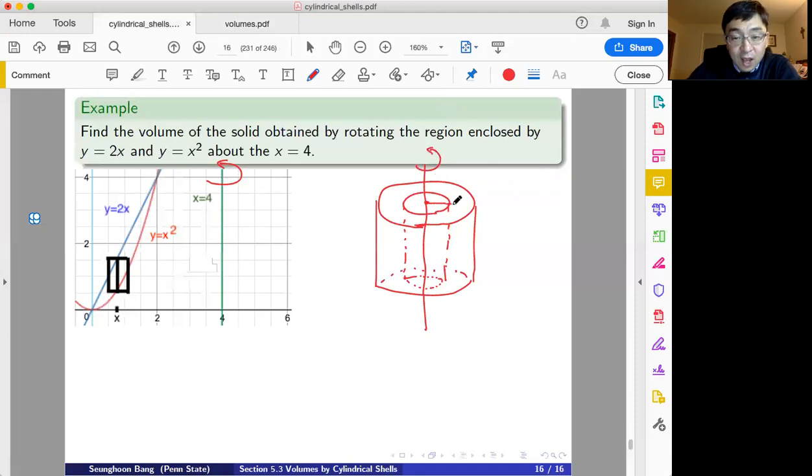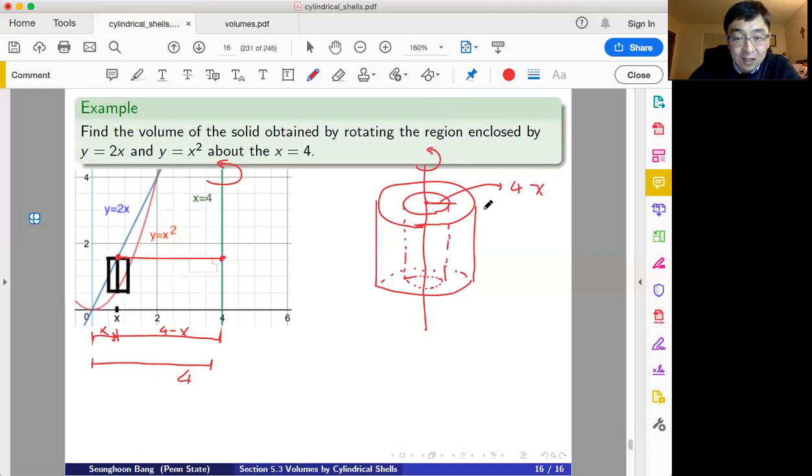You can find the average radius. What's the average radius? You can connect this midpoint to the rotating axis. What's this length? This length is x, this is 4, so we have 4 minus x. So the average radius is 4 minus x.